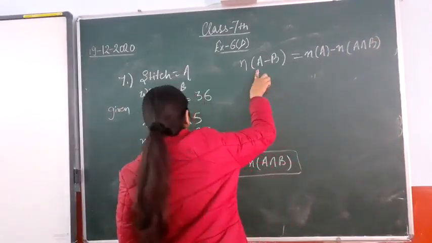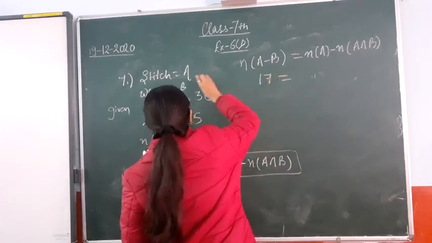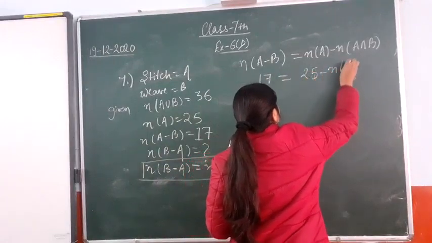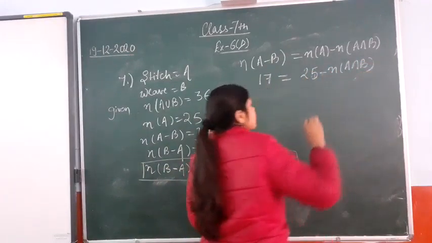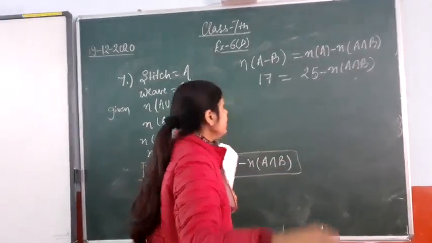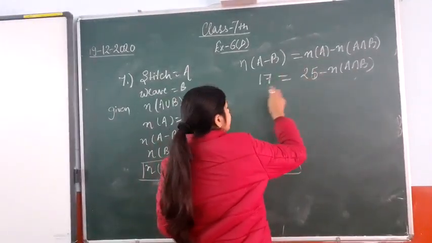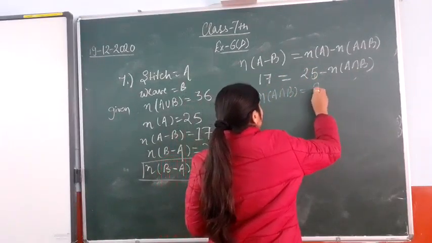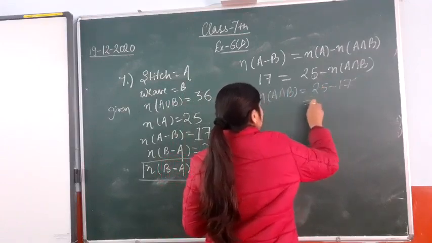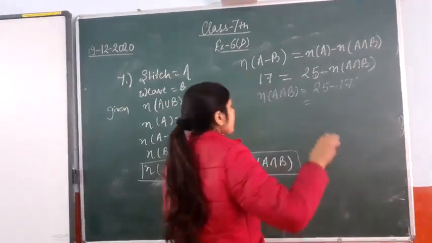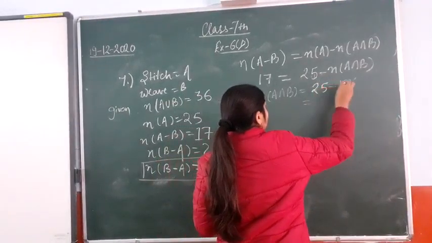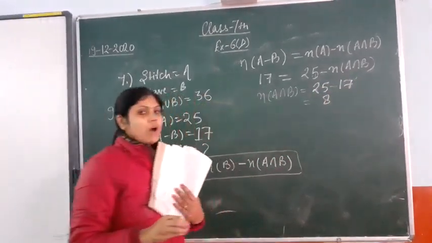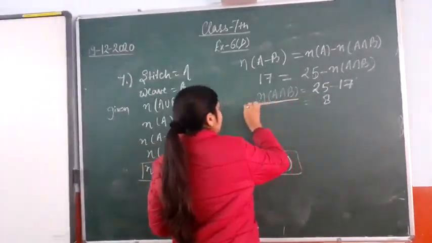Put the value, 17. What is the value of n(A)? 25. So you can take out A intersection B from here. You will transfer this side and this side. So n(A intersection B) is equal to 25 minus 17. What will come? 8. So I got this value from here.